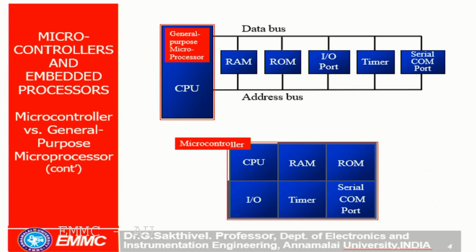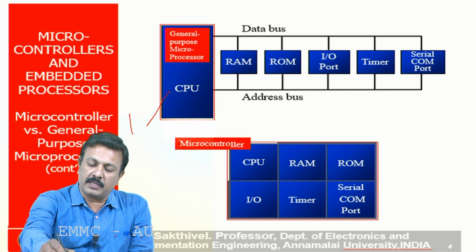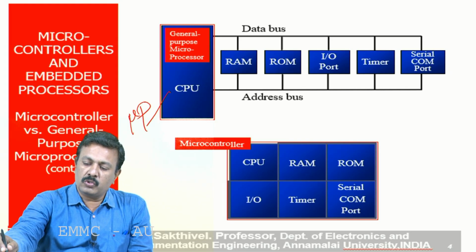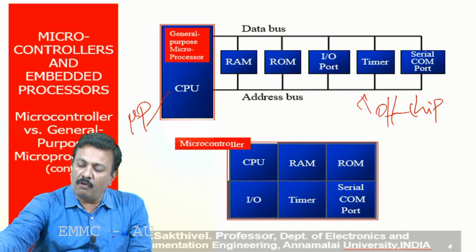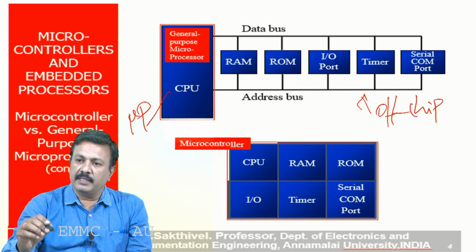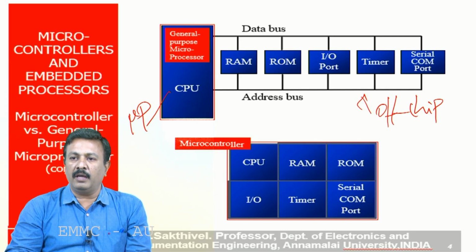Next, this is the general block diagram of a microprocessor and a general purpose microcontroller. As I told you earlier in the definition, this is the microprocessor, which we call the µP. These chips here we call off-chip peripherals, because they are external to the microprocessor.